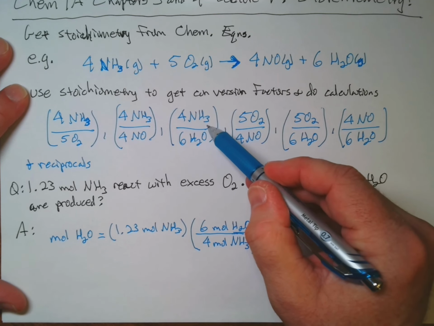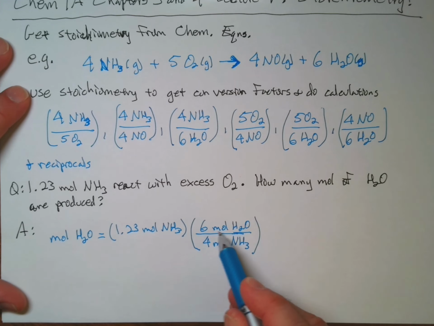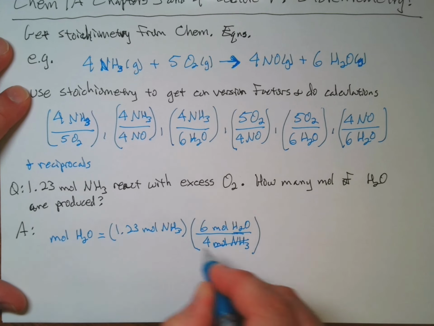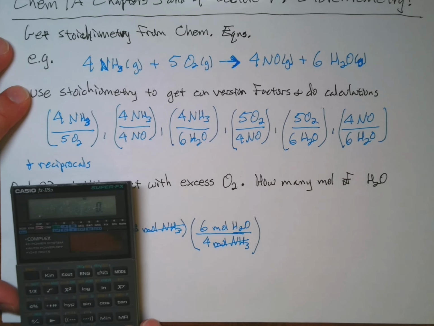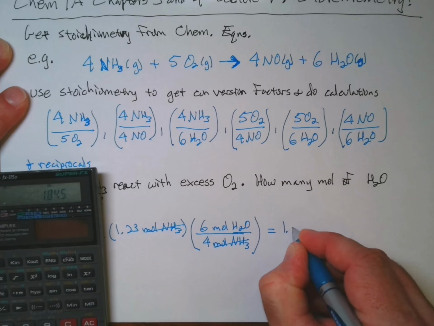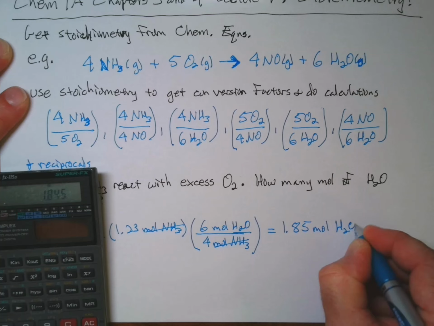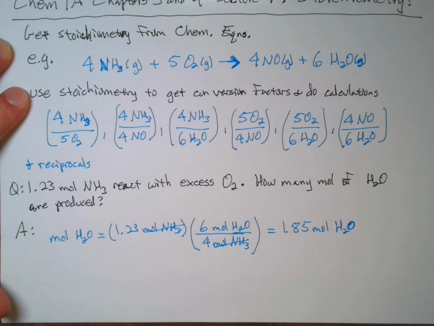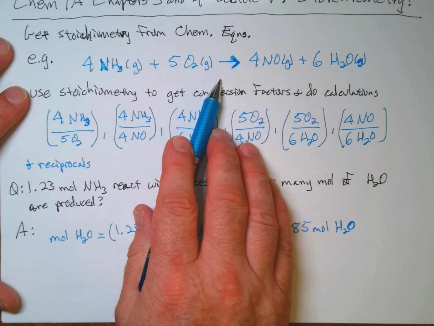And really it's just this one here, but I wrote it upside down because it's still the same. So 6 moles of H2O per 4 moles of NH3. So I can cancel my moles of NH3, and 1.23 times 6 divided by 4 gives me 1.85 moles H2O.